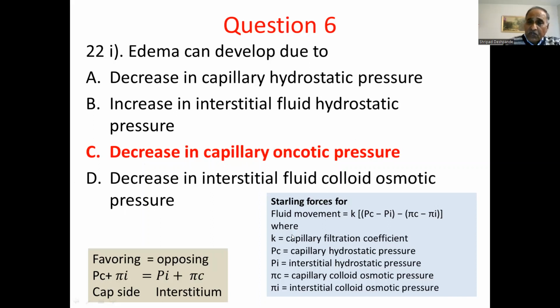And coming back to factor K, it may be enhanced in case of inflammation, heat or other factors, pore size, etc. That is a coefficient of permeability. So the answer to question number 6 is C, decrease in capillary oncotic pressure.